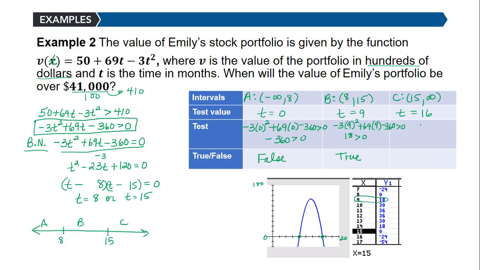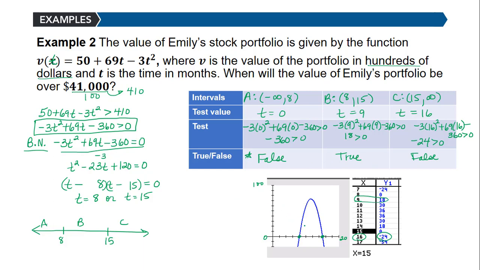And then if we plug in 16, -3 times 16 squared plus 69 times 16 minus 360, is that greater than 0? Well, when we plug in 16, the output is -24, and -24 is not greater than 0, so that is false. And again, I would have known, once I know the first region is false, and I have odd multiplicities on my zeros, it will alternate false, true, false.